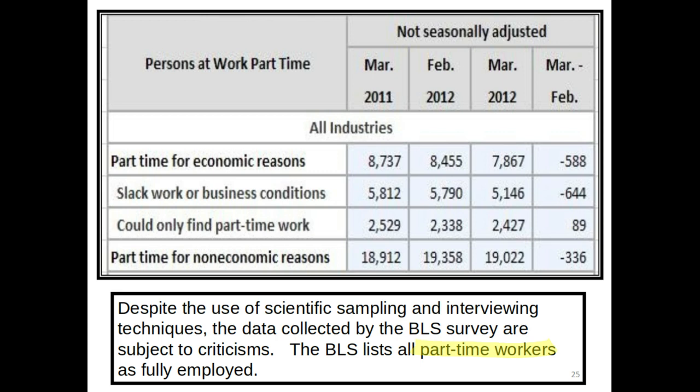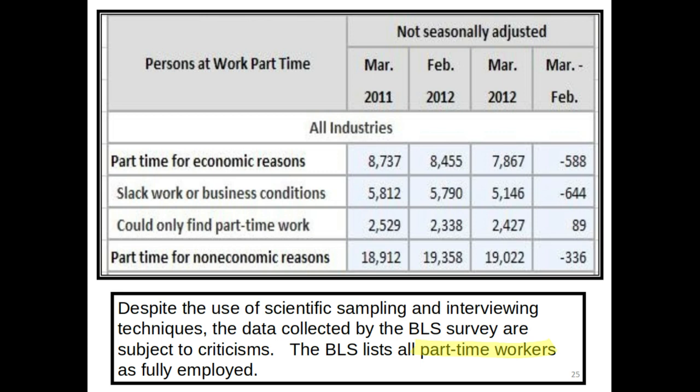So despite the scientific sampling and the interview technique, there is criticism when it comes to this data. First off, the Bureau of Labor Statistics lists all part-time workers as fully employed. So that means somebody even working an hour a week, whether they want more hours or not, is considered fully employed.